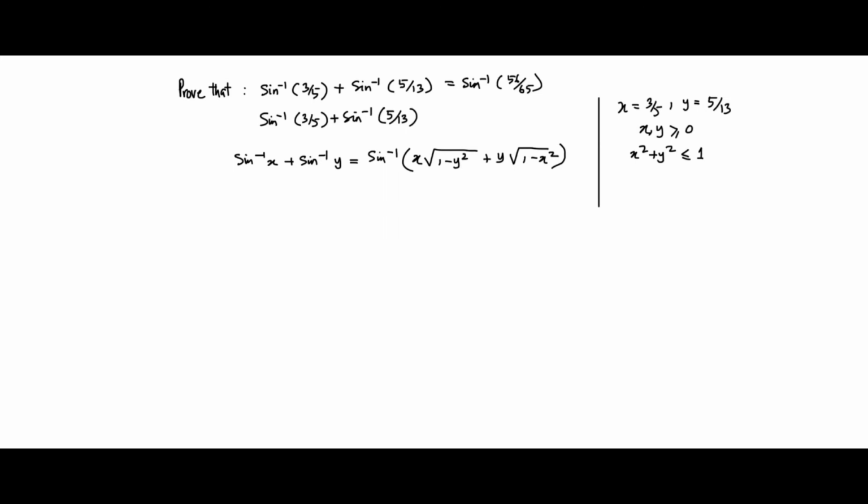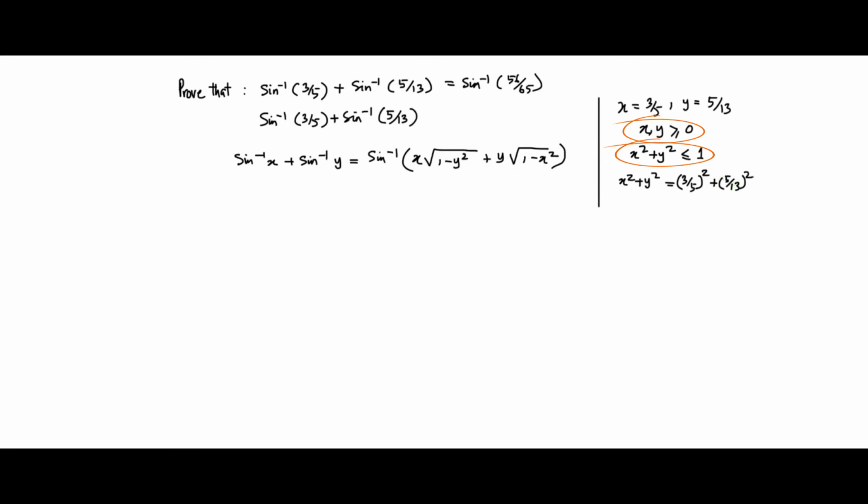The two conditions are that x and y should be greater than or equal to 0, and the sum of the squares of x and y should be less than or equal to 1. If you check for this question, x is greater than 0 and y is also greater than 0. And x square plus y square will be 3 over 5 the whole square plus 5 over 13 the whole square.